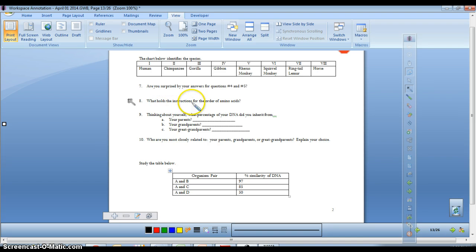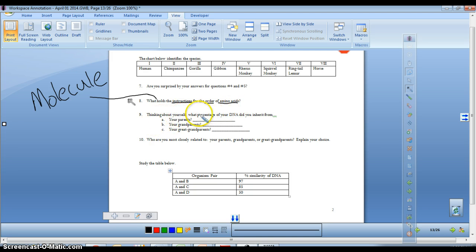What holds the instructions for the order of amino acids? What molecule holds the instructions for the order of amino acids? Order of amino acids. What do you get when you put a bunch of amino acids together? You get a protein.